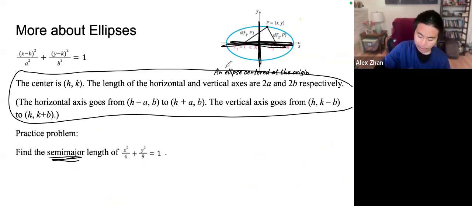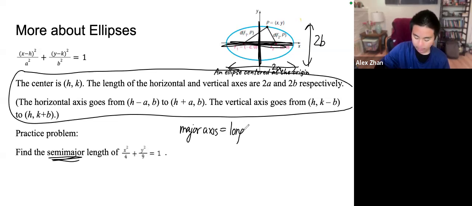This axis has length 2a. This axis has length 2b. The major axis is the longer axis. The minor axis, as the name implies, is the shorter one.